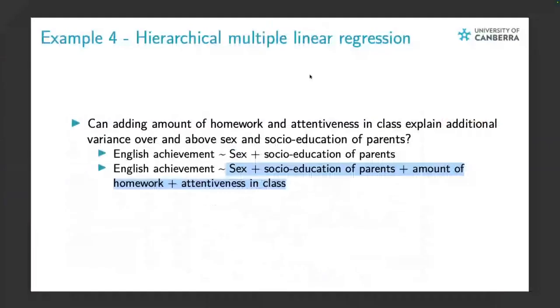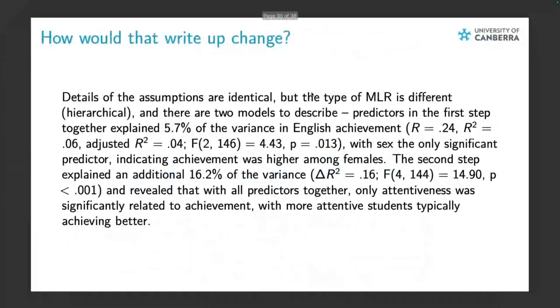Yeah, excellent. So how would our write-up change? Well, you say details of the assumptions are identical because the final model is the same, but the type of multiple linear regression is different. So this is hierarchical. And there are 2 models to describe. Predictors in the first step together explain 5.7% of the variance in English achievement, and then these are the statistics, with sex the only significant predictor, indicating achievement was higher among females.